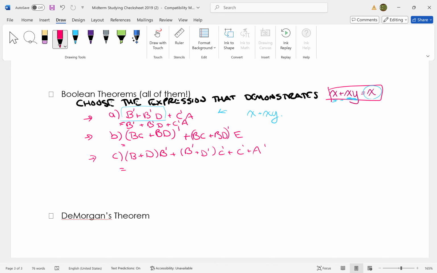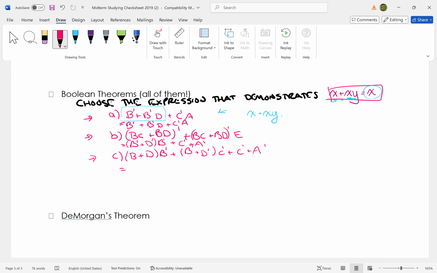So it's not using that algorithm. So that one's pretty obvious. I didn't use the algorithm. The next one, I'm going to go B prime plus D prime, B prime plus C prime plus A prime.